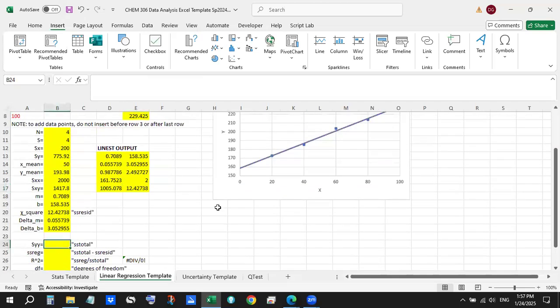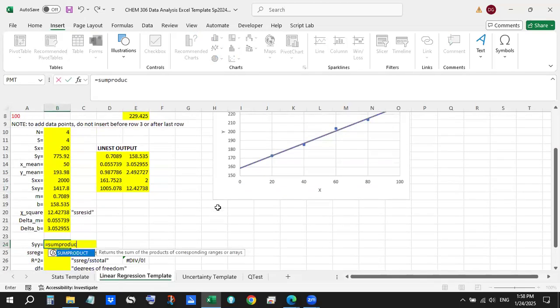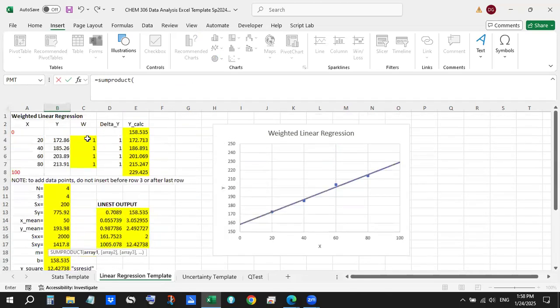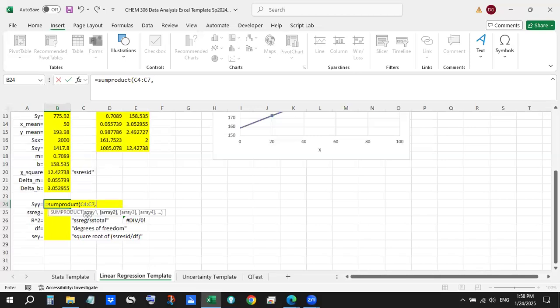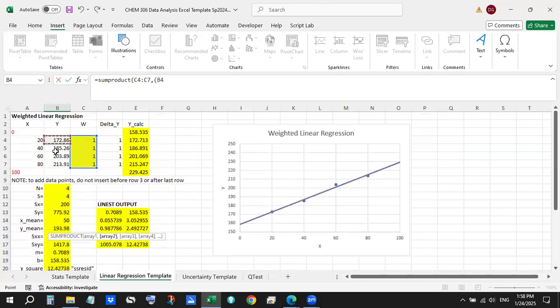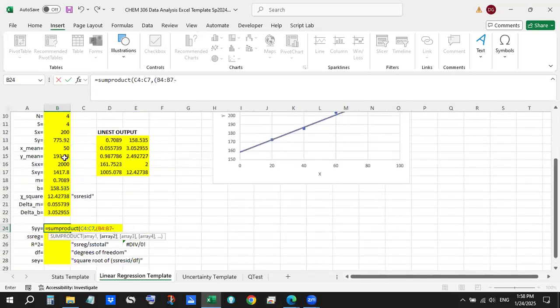This is going to be equal to SUMPRODUCT, open parenthesis, the weights, comma, open parenthesis, the y values, B4 to B7, minus the average y, the mean. Let's make that an absolute reference to B15, the mean y, close parenthesis, caret 2 to square it. That would be your SYY.